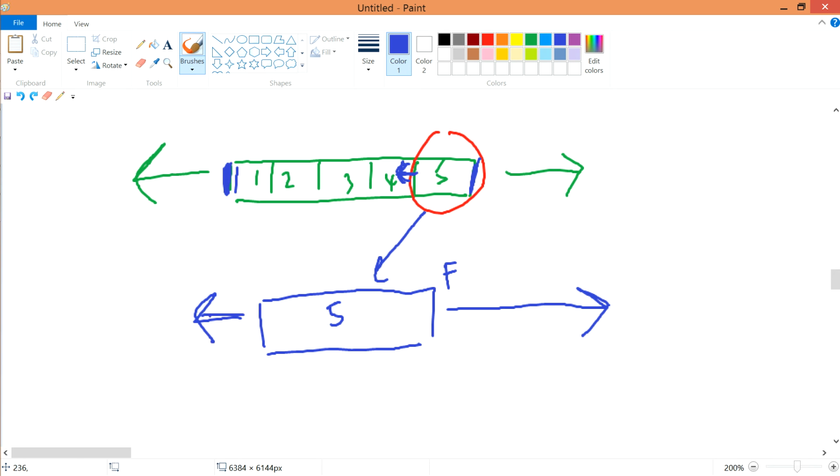However, this reaction force, compared to the force acting at this concentrated force over here, is so large that it actually overruns it. So we will have a much larger force over here.